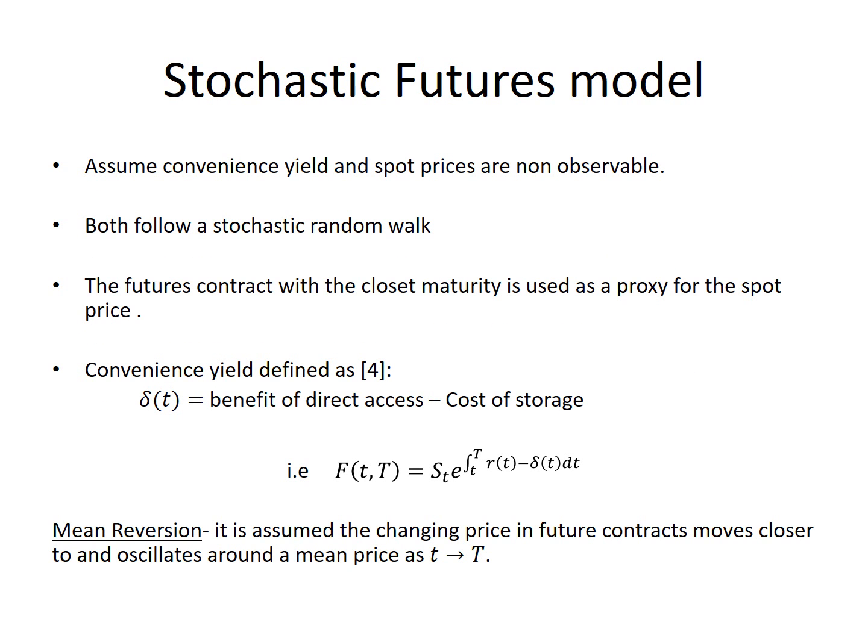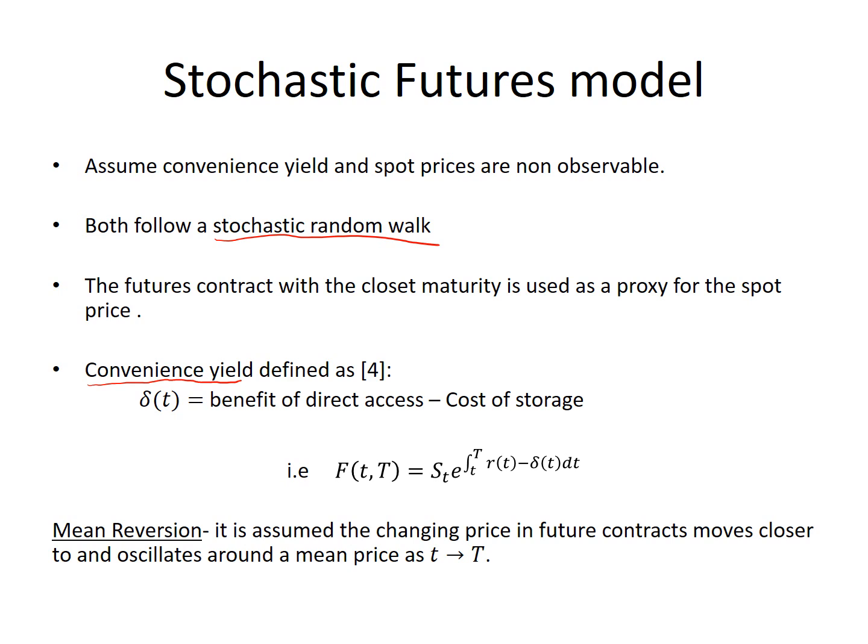Okay, so the stochastic futures model. We're going to assume that our convenience yield and our spot prices are non-observable. They also follow a stochastic random walk. The futures contract with the closest maturity, as I explained before, is used as a proxy for the spot price. Now, we define convenience yield over here differently.